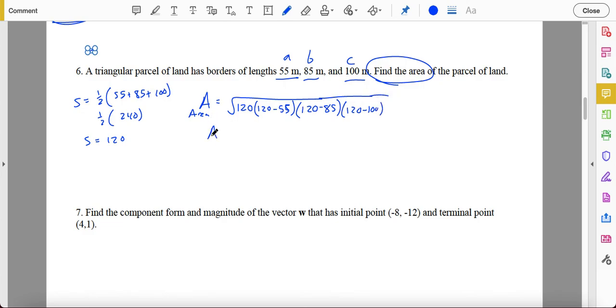We can simplify this and put it in the calculator. I'm just going to simplify a little bit: 120 times 65 times 35 times 20. I'm going to put that in the calculator right there.